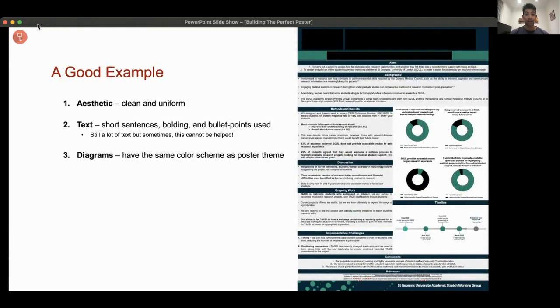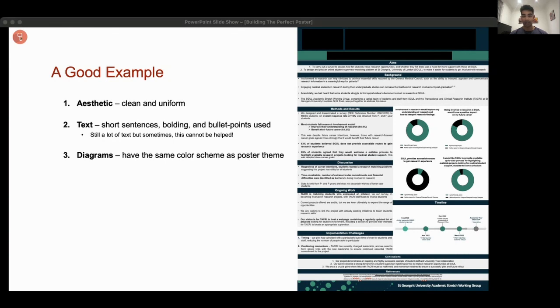So we're going to the next one. A good example. Great. Well, I've given you the answers there, actually. But type in the chat anyways to tell me what you think should be improved, what might not be good in this poster, and what is good in this poster. And if you recognize the color theme, you can get bonus points for that if you say it in the chat. I'll give it a couple of minutes.